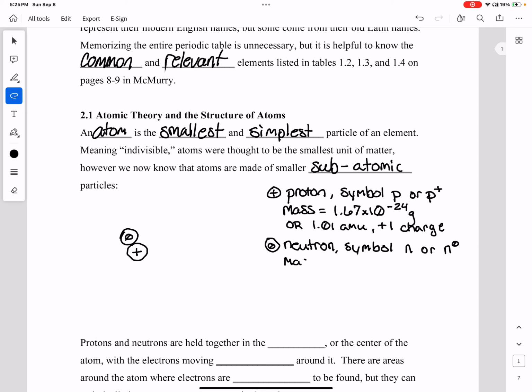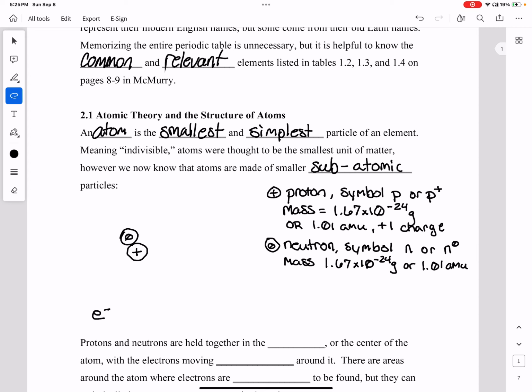The mass is, to this many significant figures anyway, also 1.67 times 10 to the negative 24 grams, or 1.01 AMU. Now, if we went farther past the decimal on these numbers, the proton and the neutron would actually have a very slightly different mass.